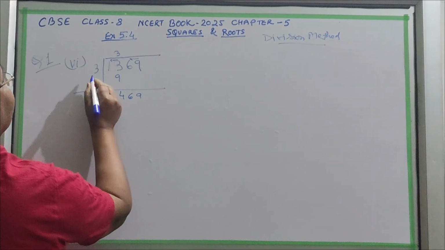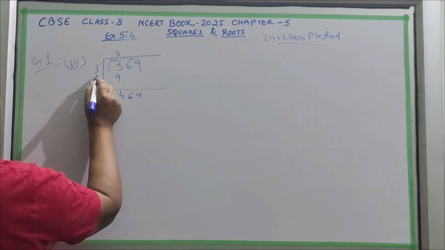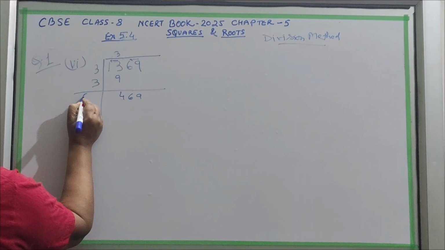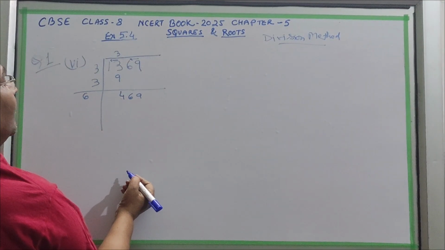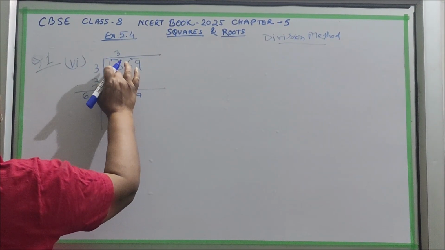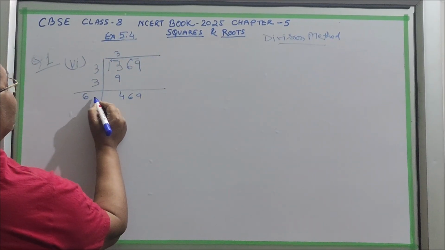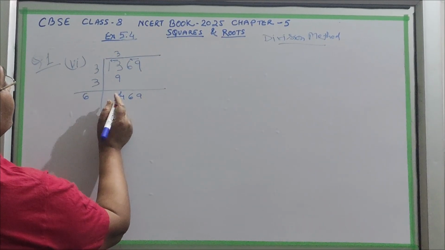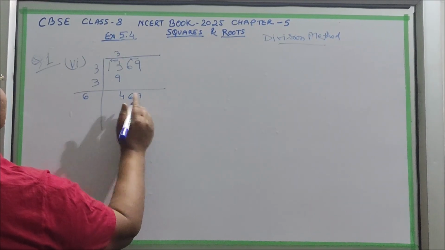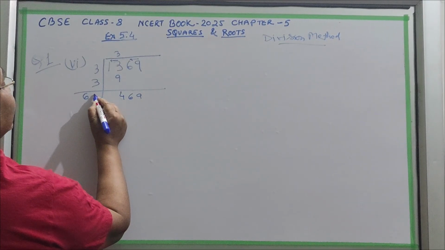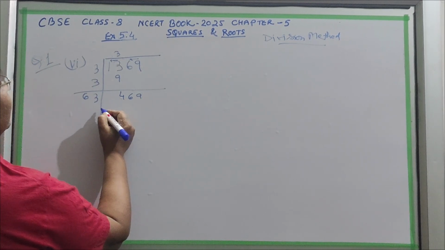Now these two numbers will be added, so it will become 6. Now here you have to put such a number such that the multiplication is this one, like 9. So either it is 9 9s or 3.